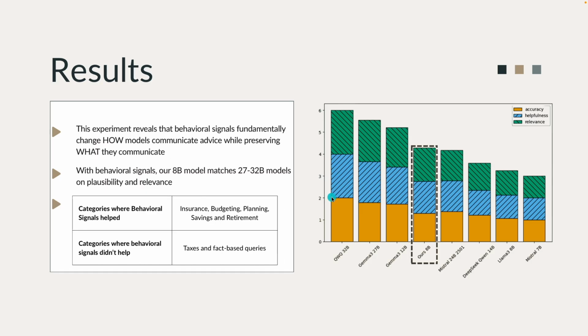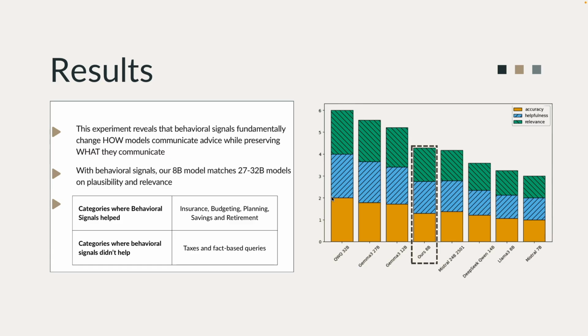And unsurprisingly, we found that integrating behavioral signals does improve the plausibility and relevance of the responses generated by the fine-tuned model compared to the direct or raw responses from models. However, when we broke down what kind of queries actually benefited from these behavioral signals, we found that insurance, budgeting, planning, and savings and retirement are the five key types of questions that have extensively seen a benefit.